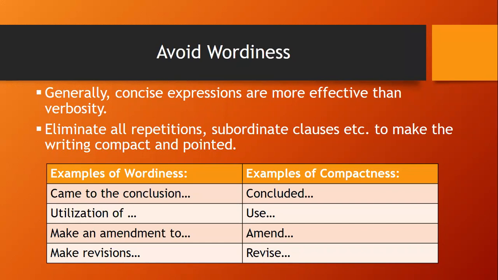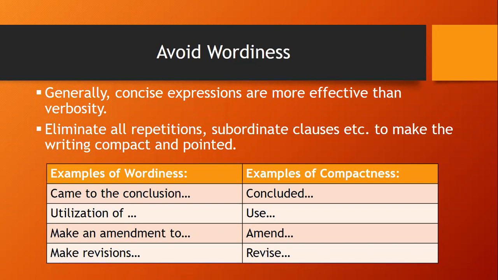So improving our language skills, both oral and written, works hand in hand. Generally, concise expressions are more effective than verbosity. People who use verbosity a lot use verbose language. They will use words that are not necessary at all, or they use repetition, or they use words that are redundant.